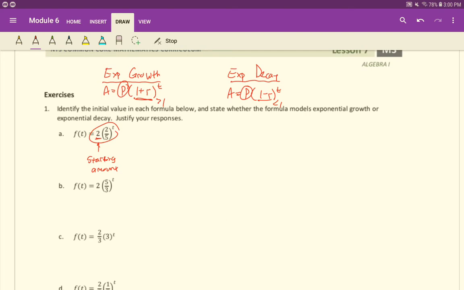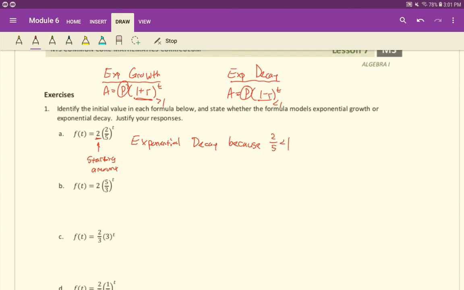If you multiply by something between 0 and 1, like 1/2 or 1/4 or 2/5 in this case, the overall value is going to get smaller. So this is exponential decay, because 2/5 is less than 1.